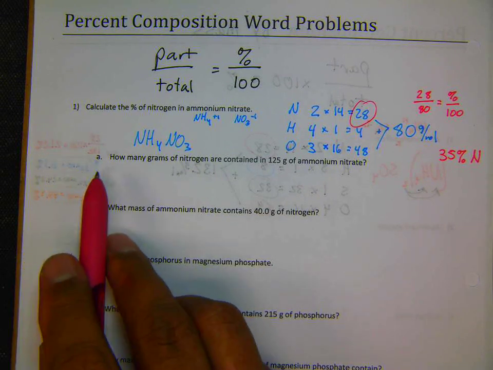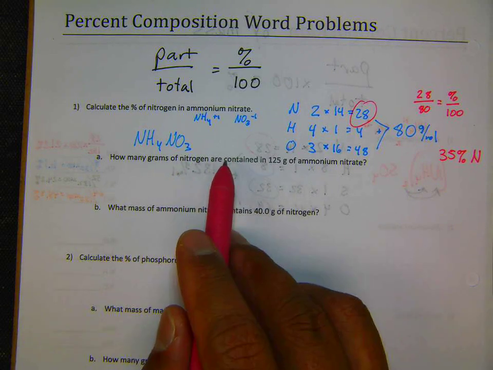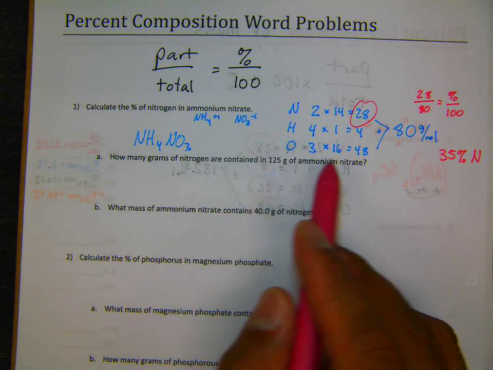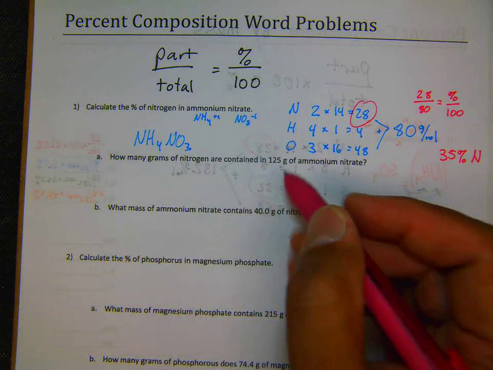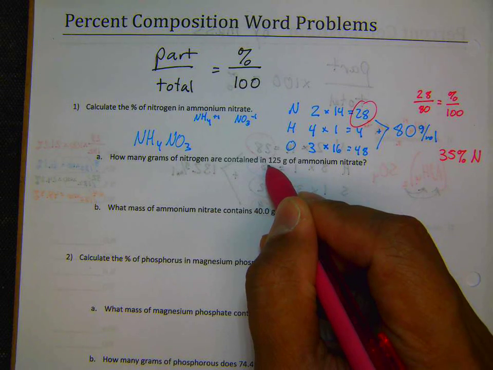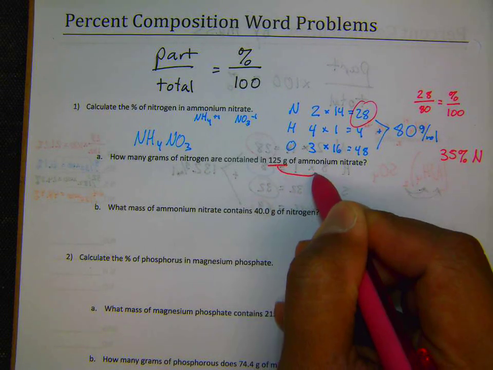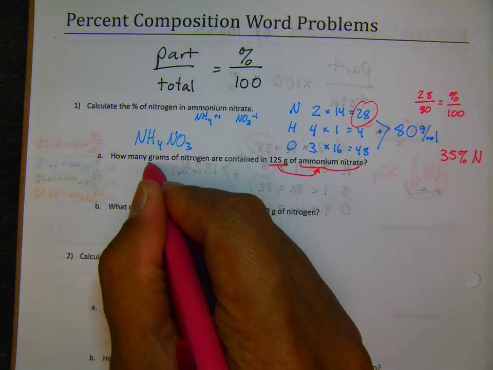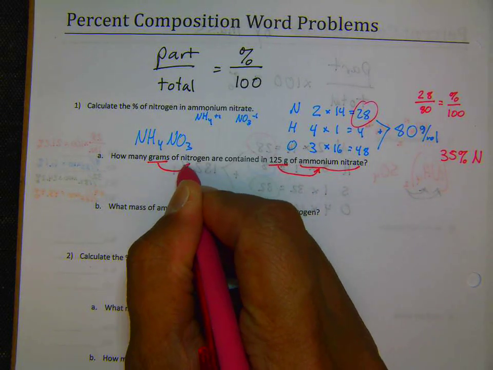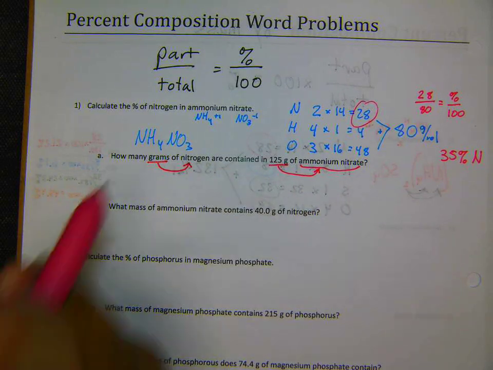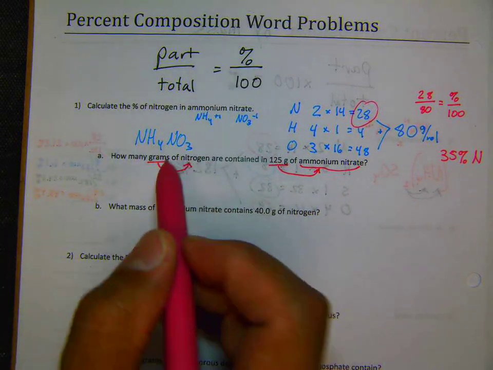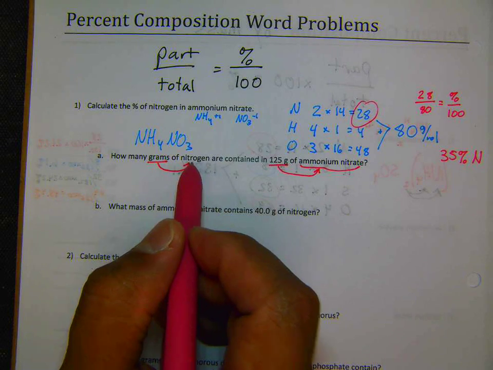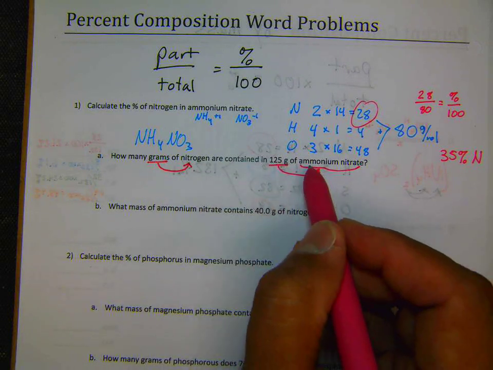Part A asks, how many grams of nitrogen are contained in 125 grams of ammonium nitrate? All right, so given this information, we know we have 125 grams of ammonium nitrate. Now, we are looking for grams of just the nitrogen. So if we're using this formula here, we don't know the amount of grams of nitrogen, and we know the 125 grams of ammonium nitrate.